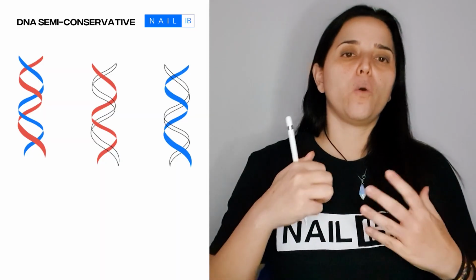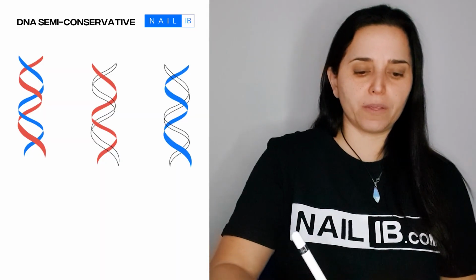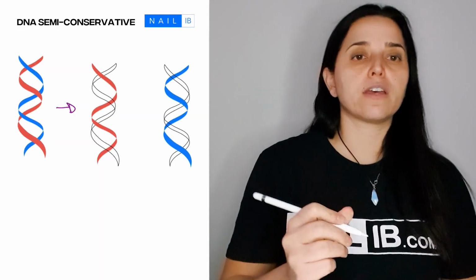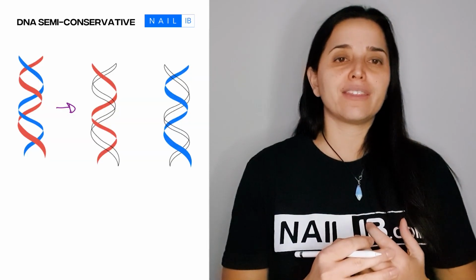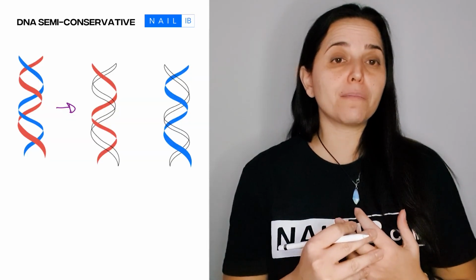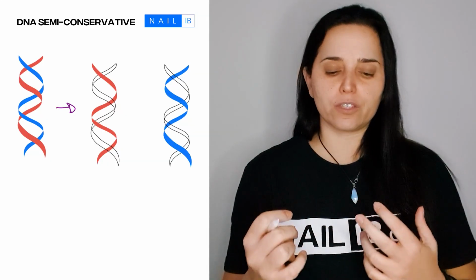And of course, in the process of DNA replication, you're going to have to create 2 new strands. When you create those 2 new strands, they are going to be completely new, so they're not going to be used as the old.